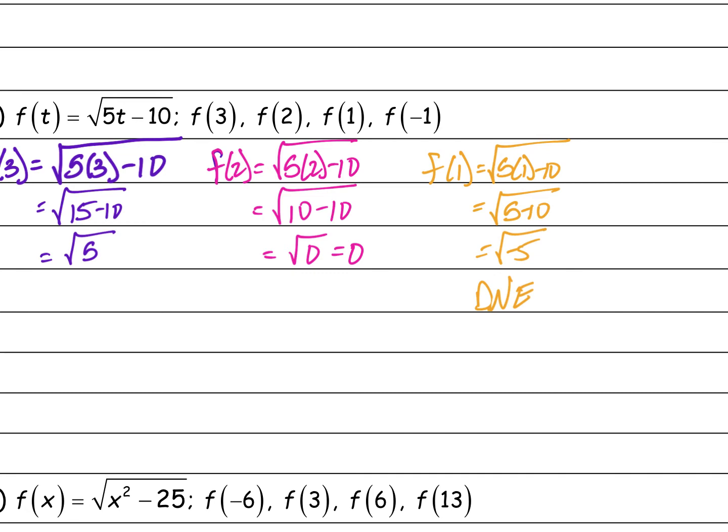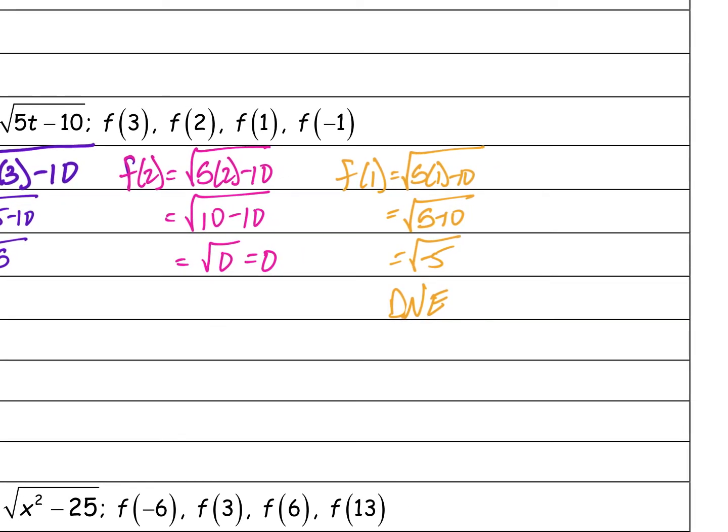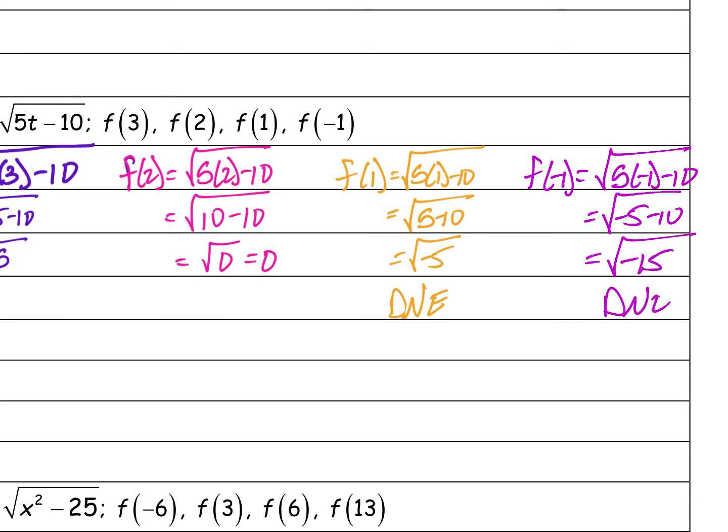Does not exist. And then the last one, f of negative 1 is going to equal the square root of 5 times negative 1 minus 10. So square root of negative 5 and negative 15 again does not exist.